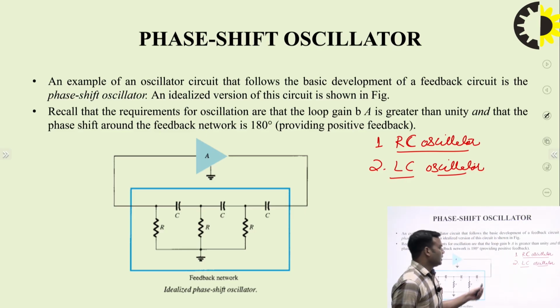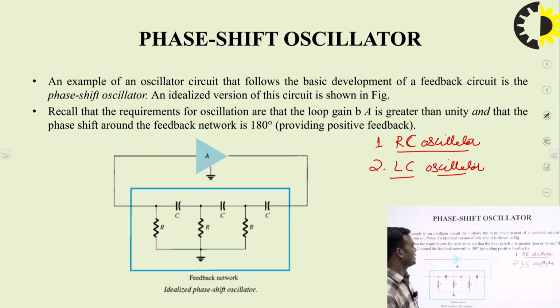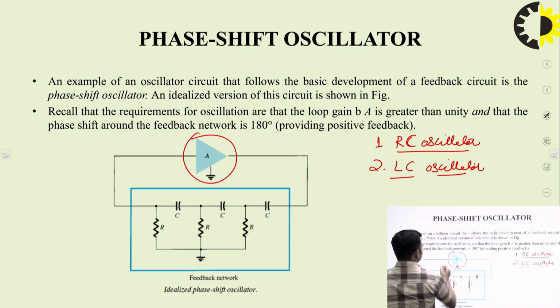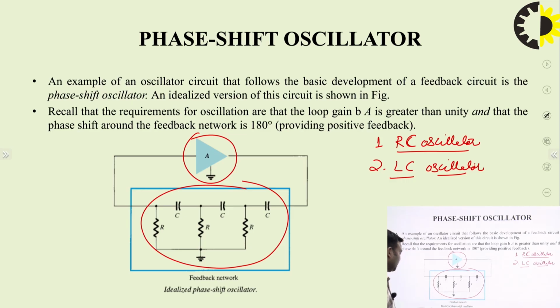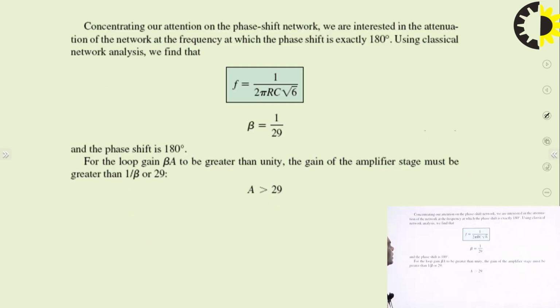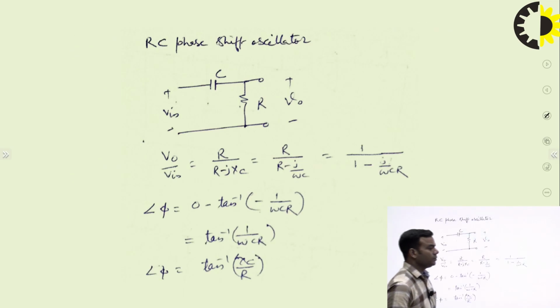So let us discuss the RC phase shift oscillator. This is the amplifier. This is the feedback network, which consists of 3 RC networks. Why are we going to use 3 RC networks?